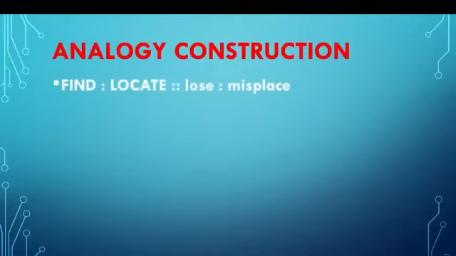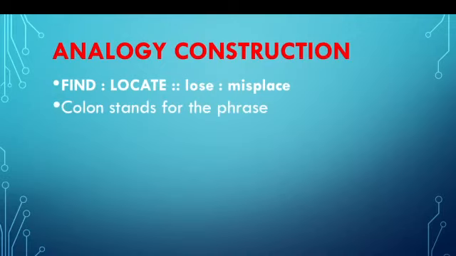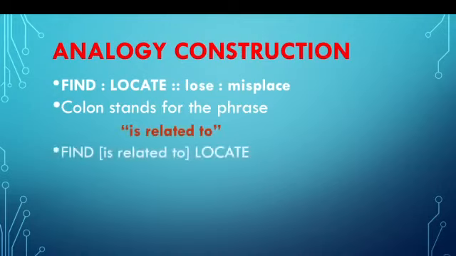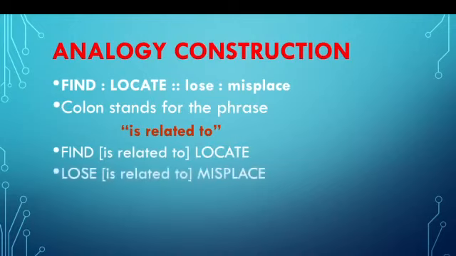Well, how do analogies become constructed? When you first look at the first pair of words, such as, for example, the words find and locate, you figure out what they stand for. You know these two words go together because the colon in between the two words stands for the phrase "is related to." So we would say find is related to locate.